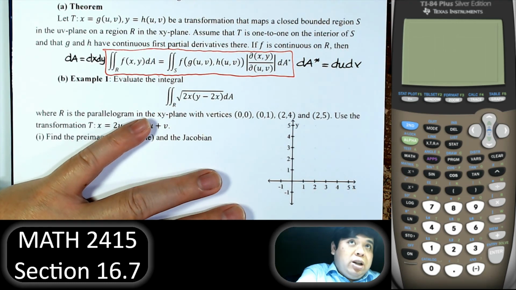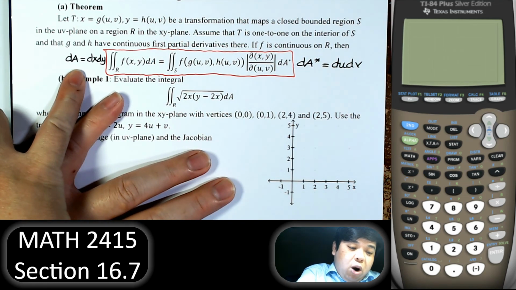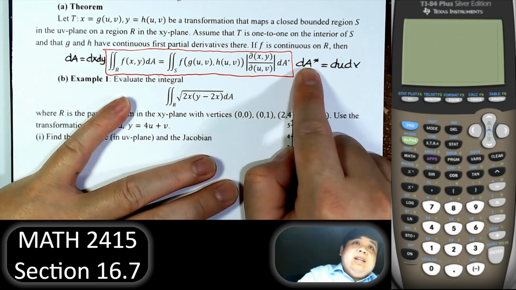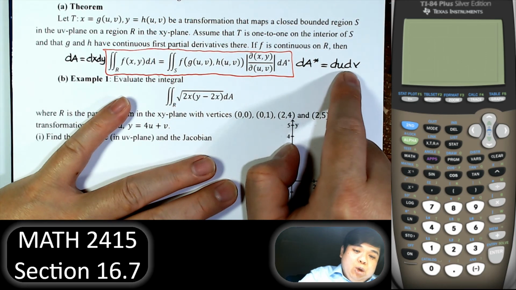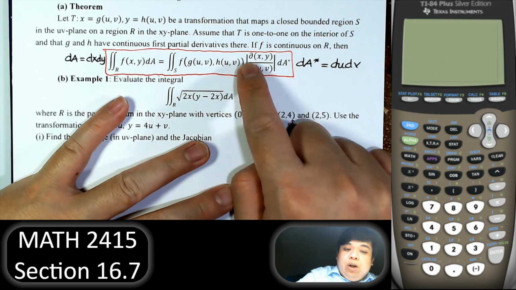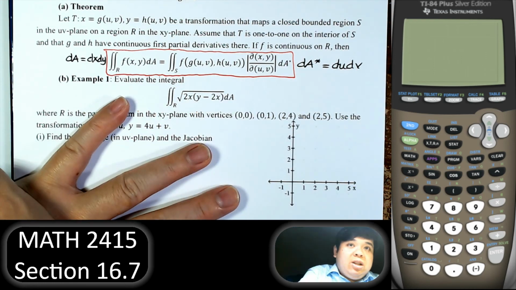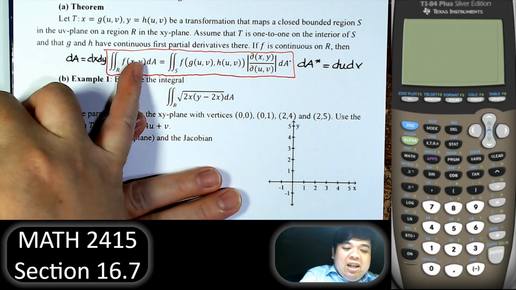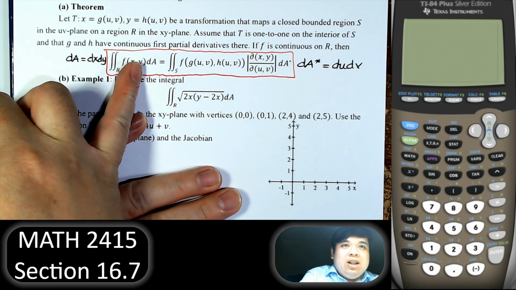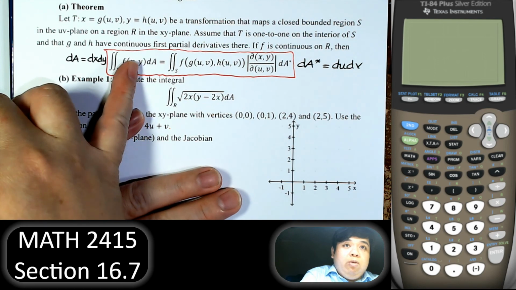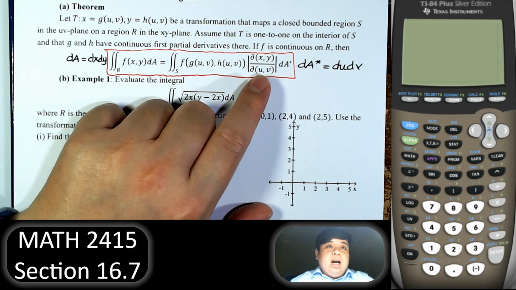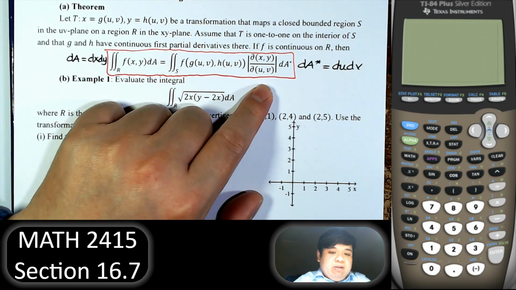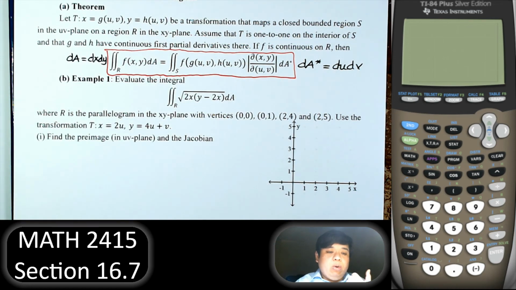Right, so that's one thing. dA could be dx dy or dy dx, and dA star is du dv or dv du. The reason we have the absolute values here is to guarantee that it is positive. Because dA calculates a kind of area. If you go from this area to the other area, you cannot have anything multiplied by a negative number. So that's why we throw in absolute values.